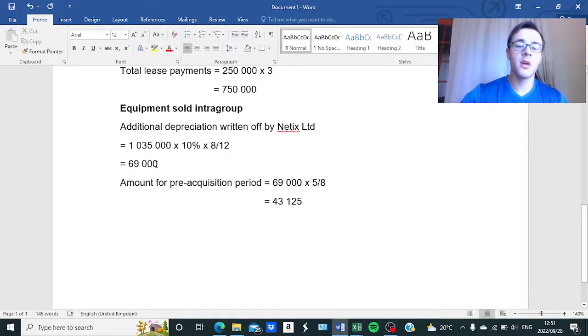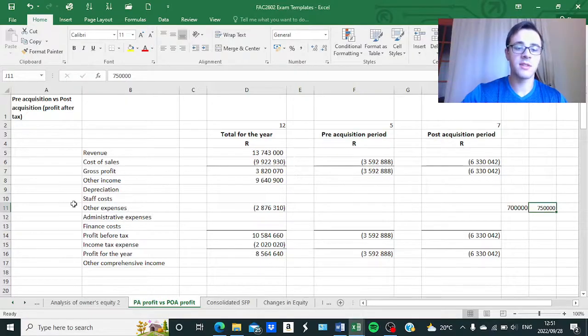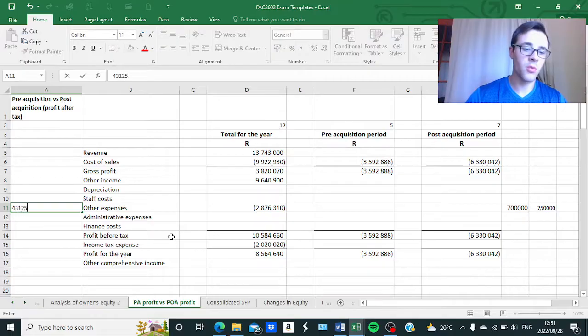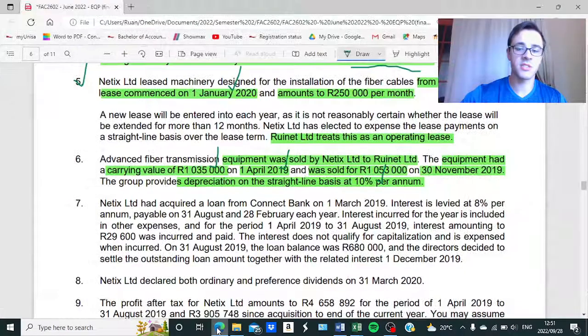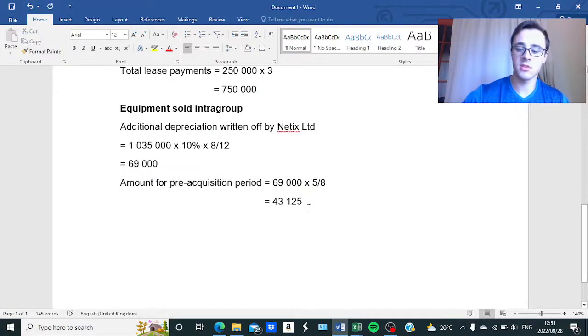So of this amount of 69,000 Rand, which is additional depreciation written off by Netix Limited on this equipment, 43,125 pertains to the pre-acquisition period, and must be included as such. Depreciation is included in other expenses, so 43,125 pertains to the pre-acquisition period, and the remaining amount would logically apply to the post-acquisition period.